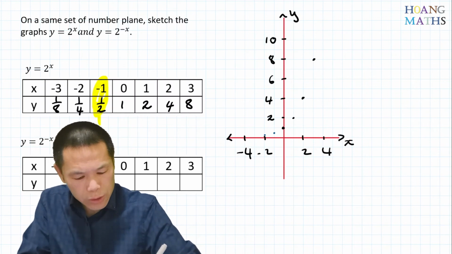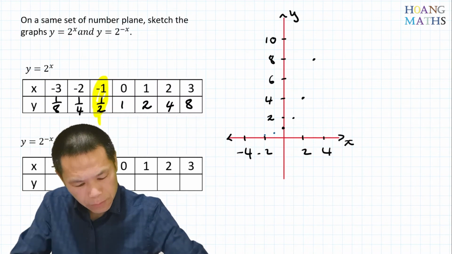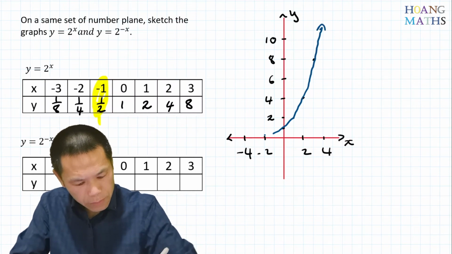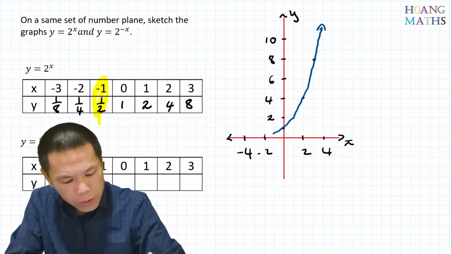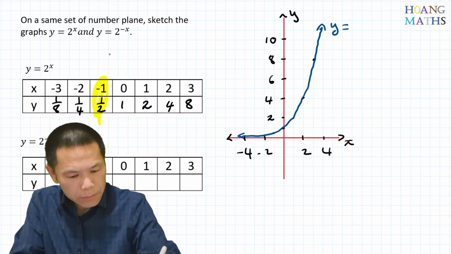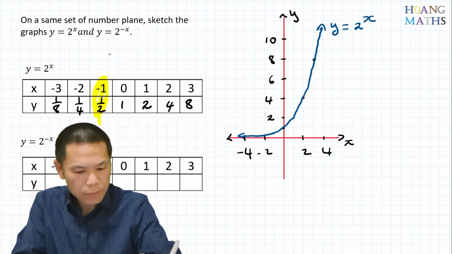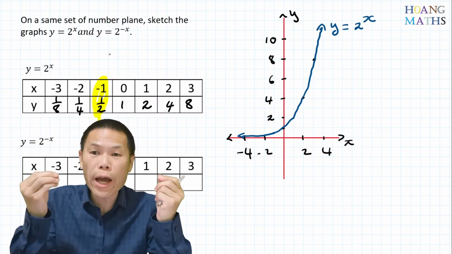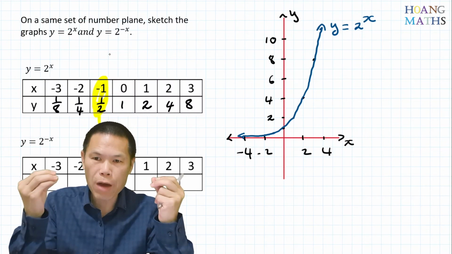So let me just draw this part first. Now we just join these together. There you go. This is y equals 2 to the power of x.